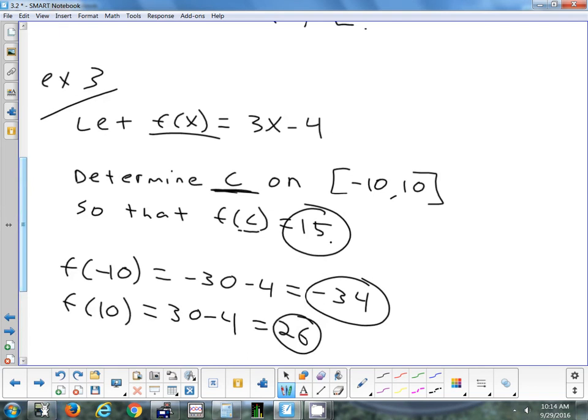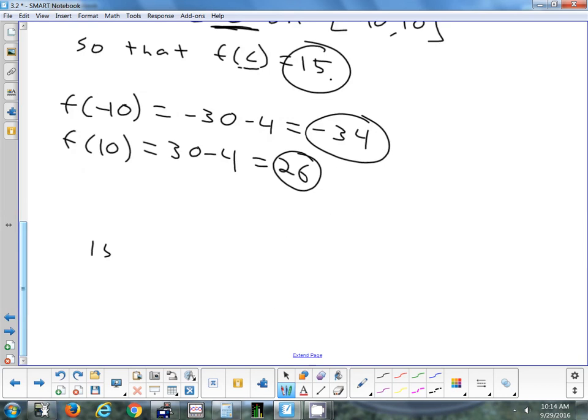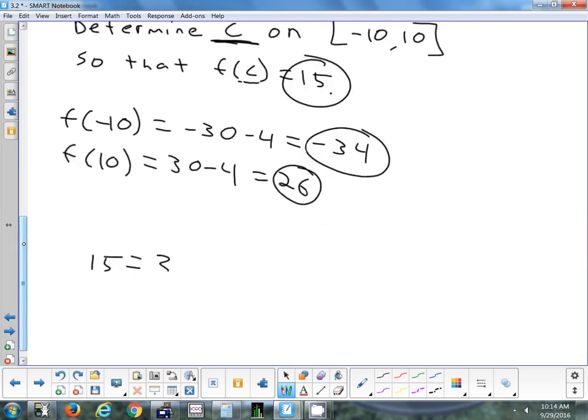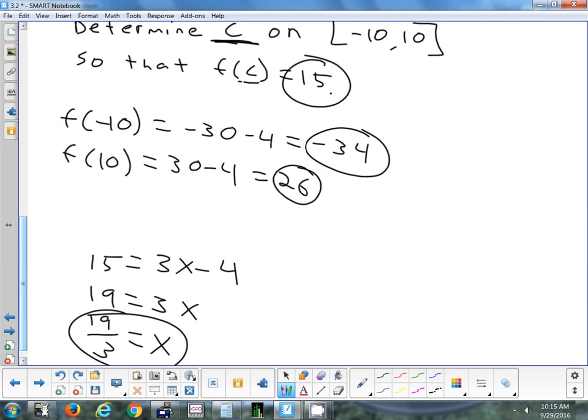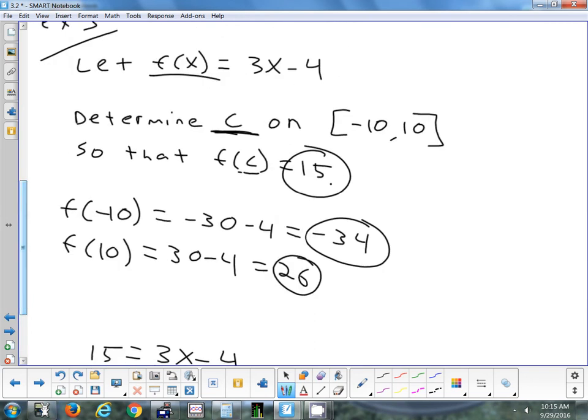Yeah. Set that equal to 15 and solve. So I'm going to get 19 equals 3x. X equals 19 thirds. And if you divide 19 by 3, you get 6 1/3, which is definitely on the interval I have to be.